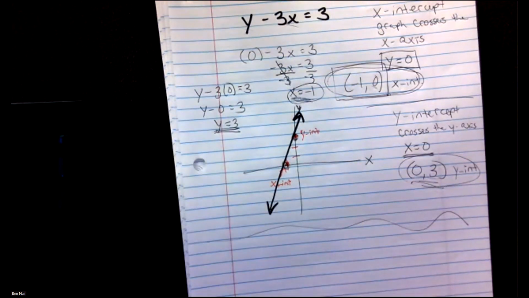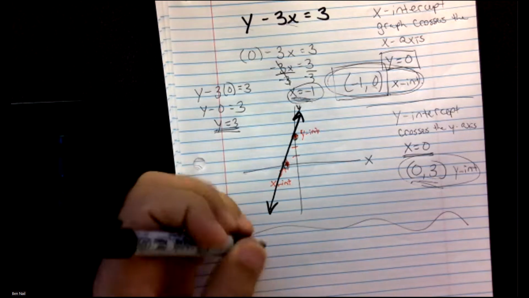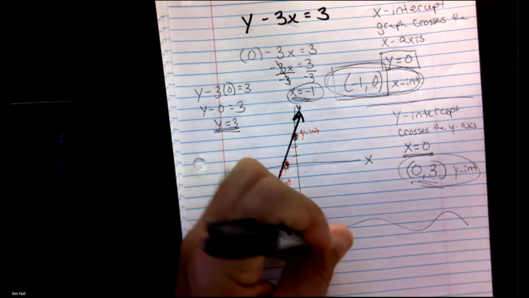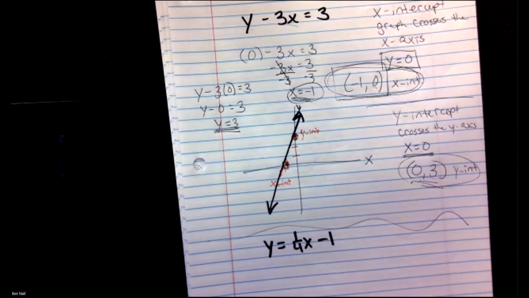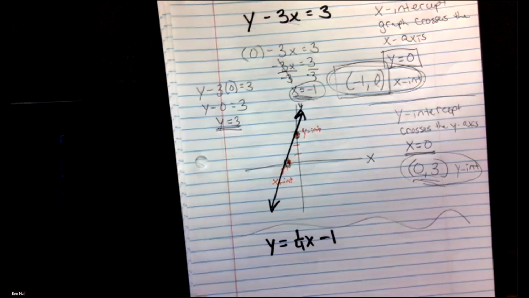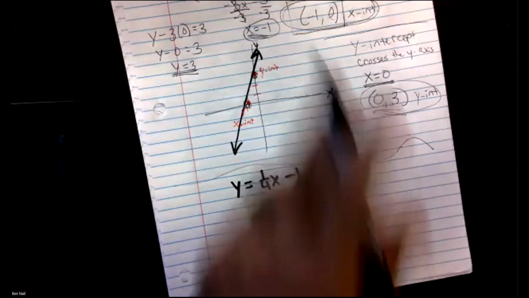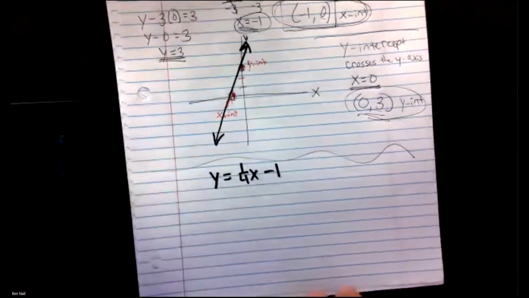So if we did another one, let's say, y equals 1/4 x minus 1. Now, there's another way to graph this that I'm going to talk about here in a little bit, but I'm going to keep doing the x-intercept, y-intercept thing.